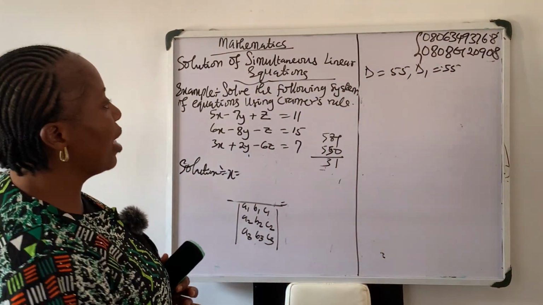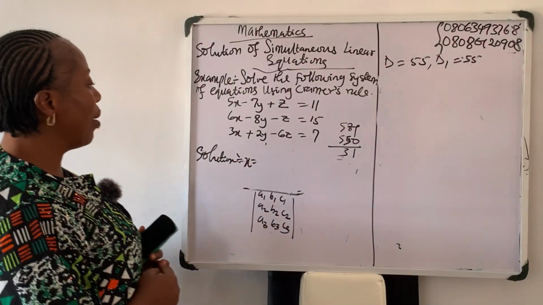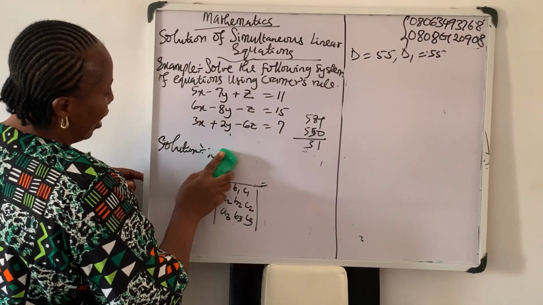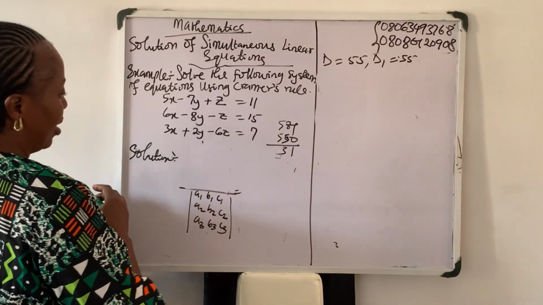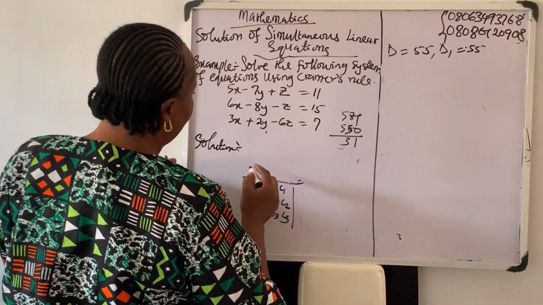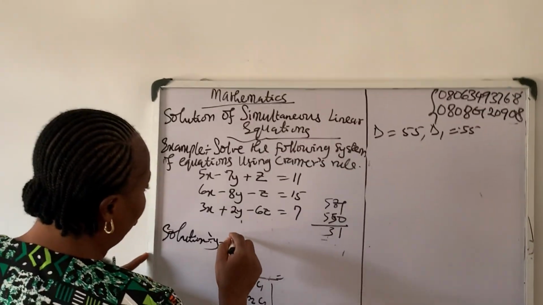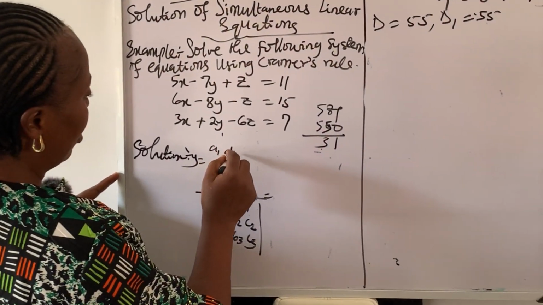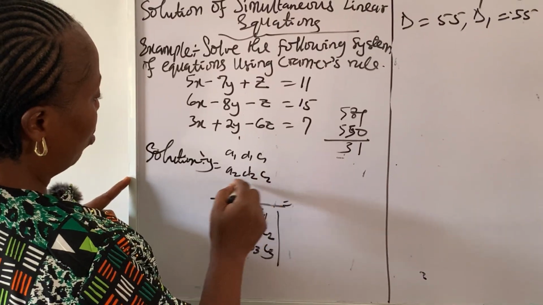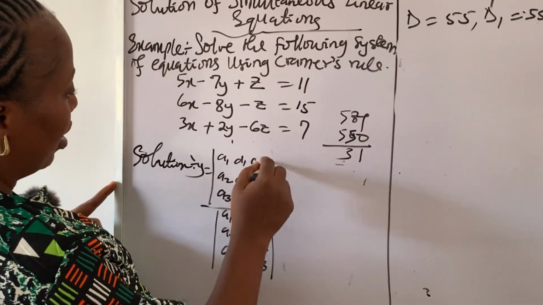We will still need to get a value for D2, which is our Y. Our Y is A1, D1, C1 in that order, all over A1, B1, C1 in that order. Therefore, Y equal to A1, D1, C1, A2, D2, C2, A3, D3, C3.